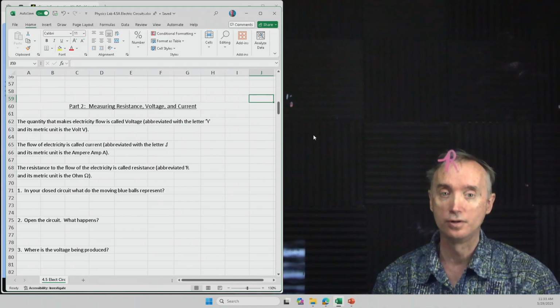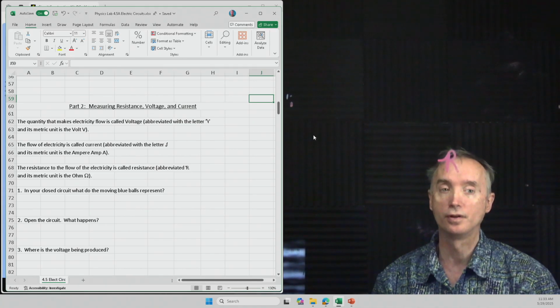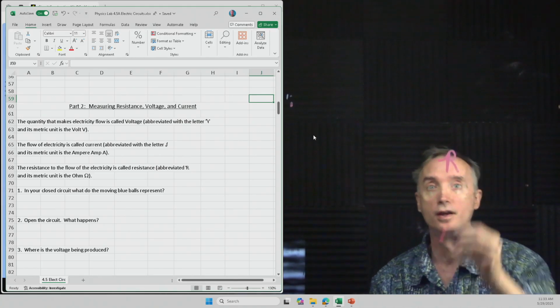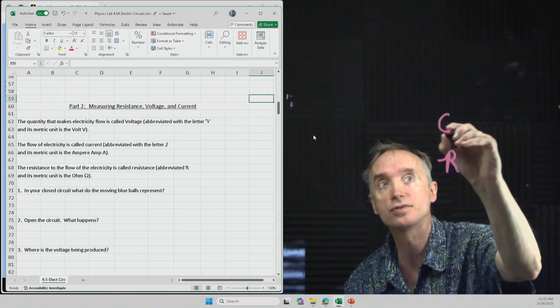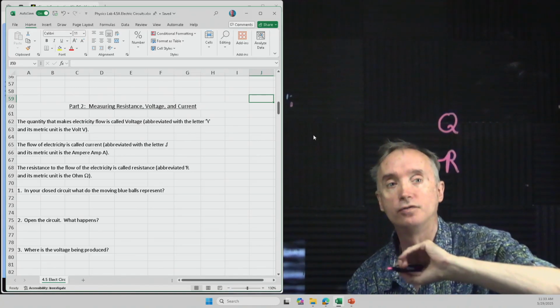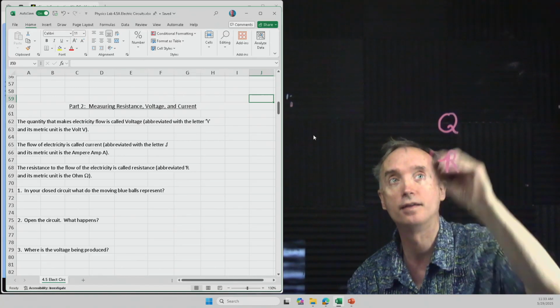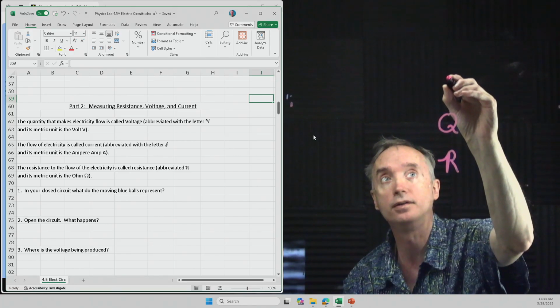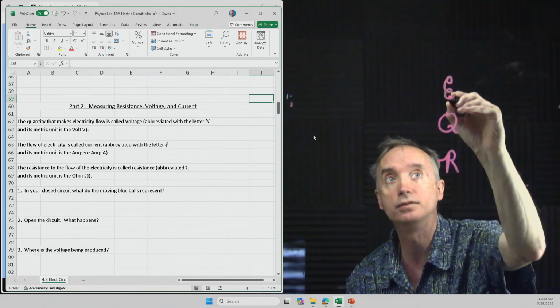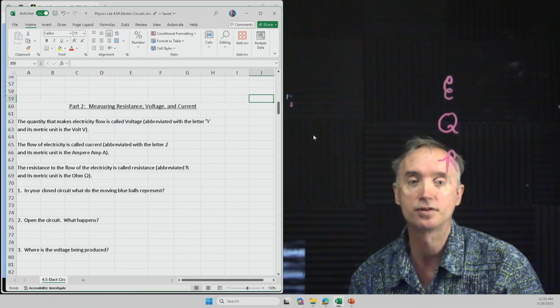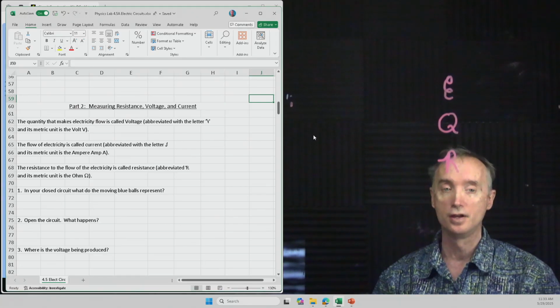If you recall, when we did the lab on electricity, I used a cursive Q for electrical charge, and then I also used a cursive E for the electric field. So I'm just using cursive letters to represent anything that is electrical.